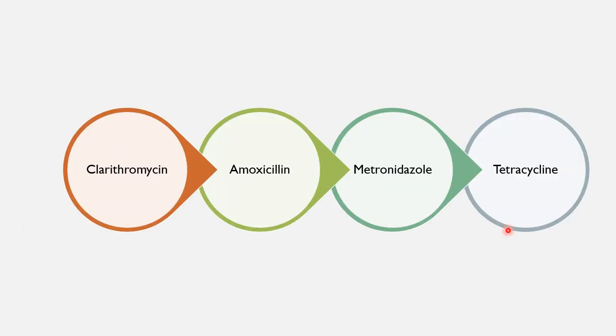So these are the antibiotics that are used in treatment of H. pylori induced peptic ulcer: clarithromycin, amoxicillin, metronidazole and tetracycline. Clarithromycin is a macrolide, amoxicillin belongs to the penicillin group, metronidazole you know that is Flagyl, and tetracycline belongs to the tetracycline group.